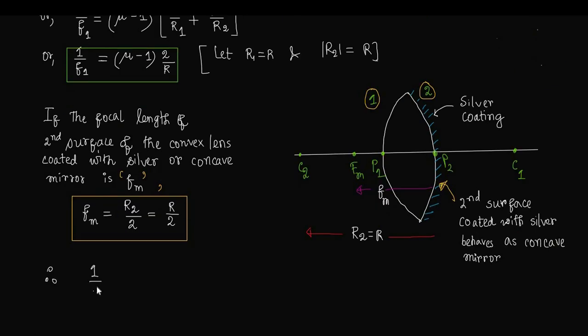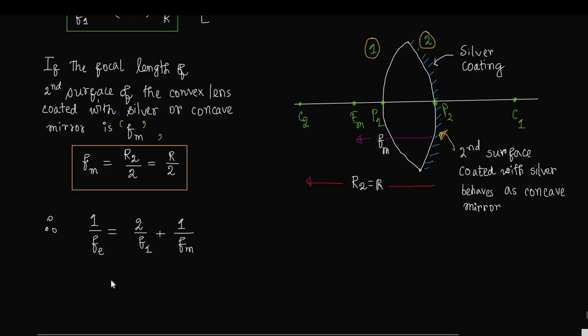So 1 by Fe, the equivalent focal length, is equal to 2 by F1 plus 1 by FM.